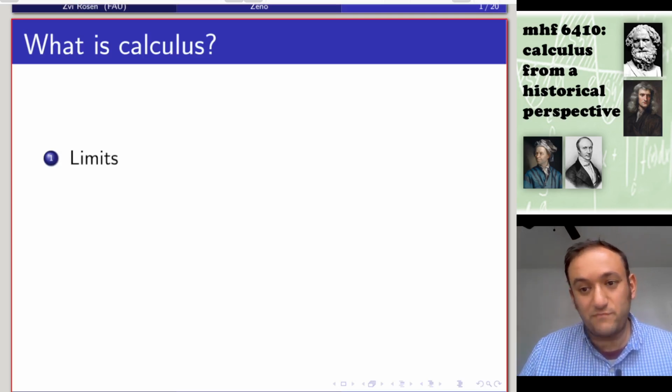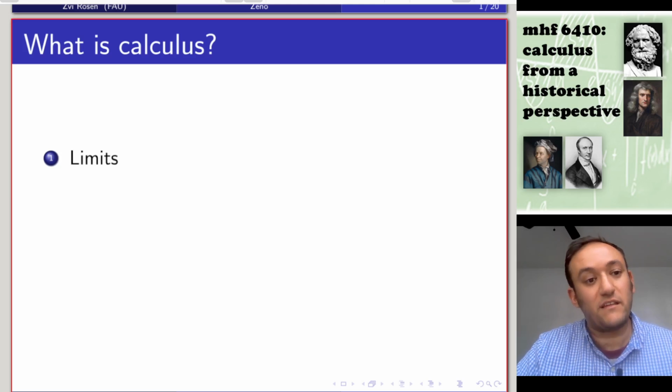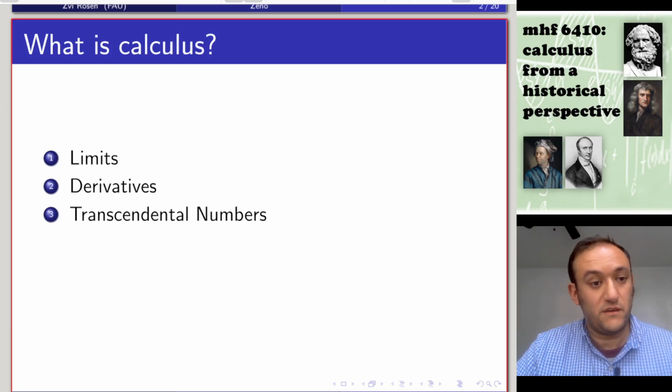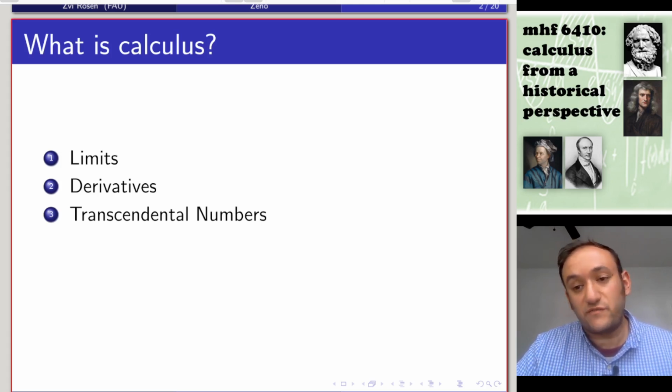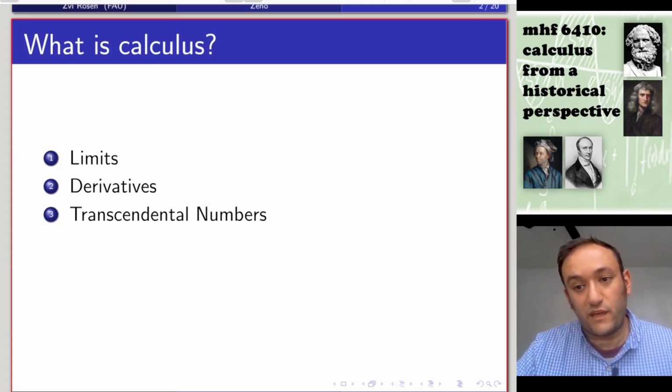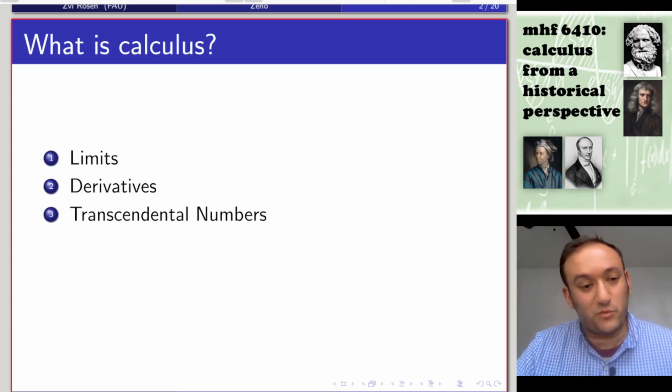So we'll start discussing, as I mentioned, what is calculus. First, we have limits. Using limits, we can define derivatives. You can also use limits to define some important transcendental numbers. So here you can think about e and pi, and any real number, for that matter, a complex number, which doesn't satisfy a polynomial equation.